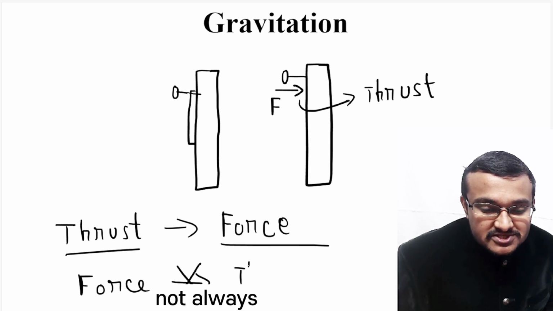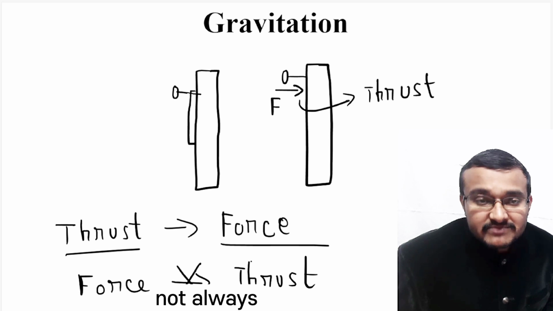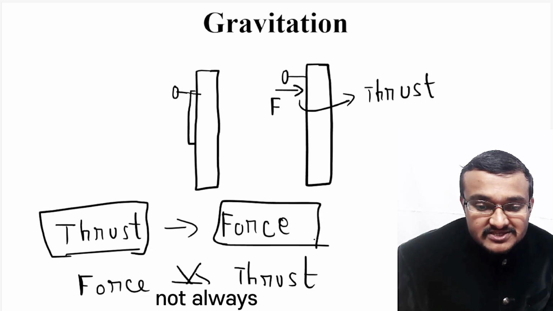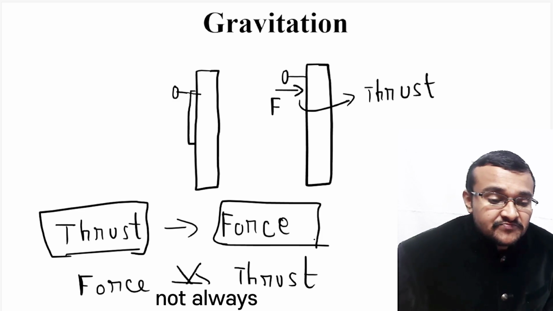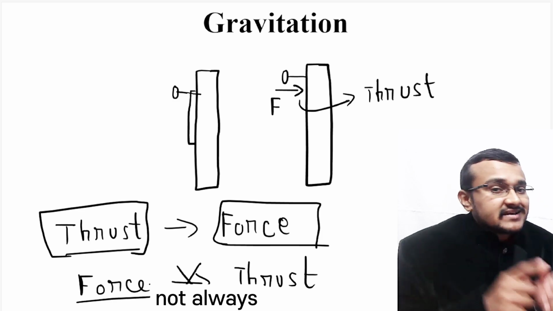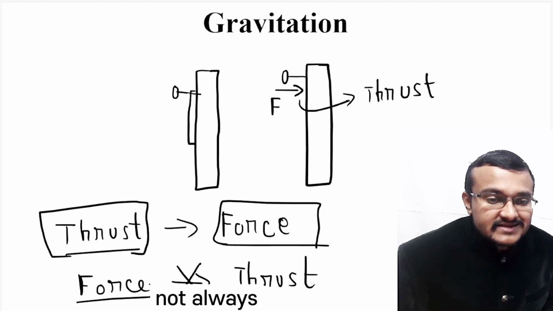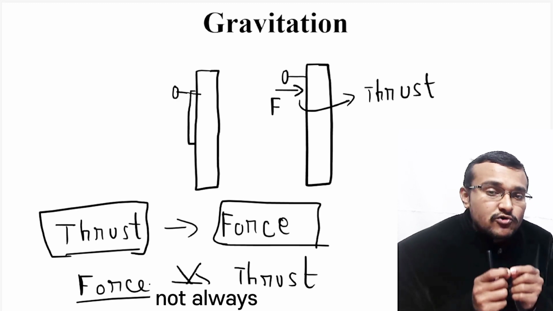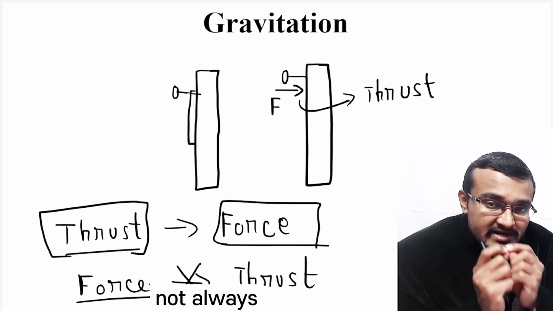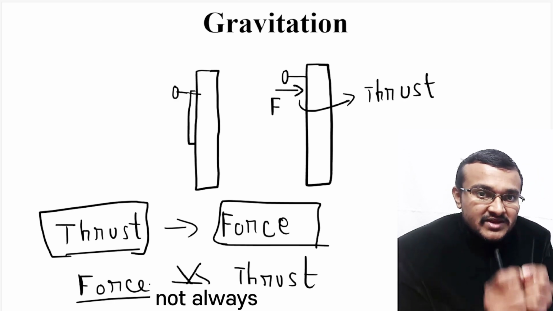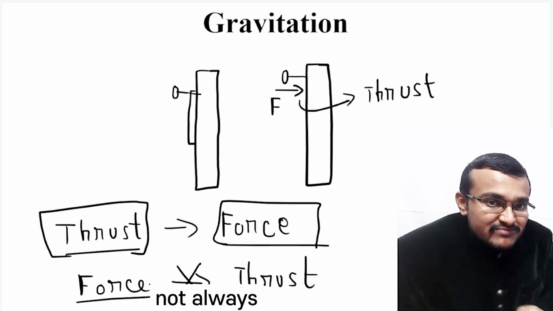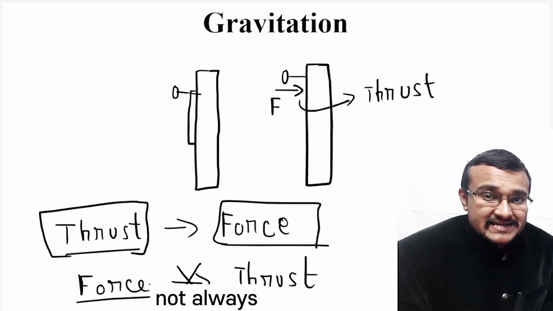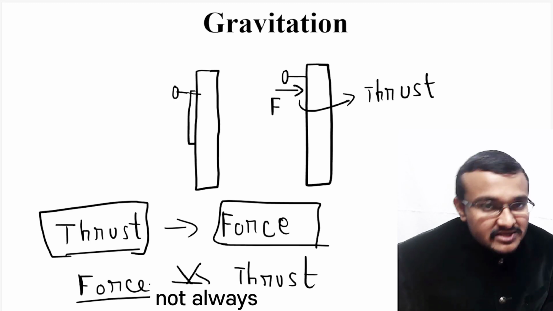So every thrust is a force which is acting perpendicularly on a surface, but every force cannot be a thrust. This one thing you can remember. That means when you are applying force in a perpendicular direction on a surface, that kind of force can be known as thrust. And when that force comes into existence, then pressure will be there.